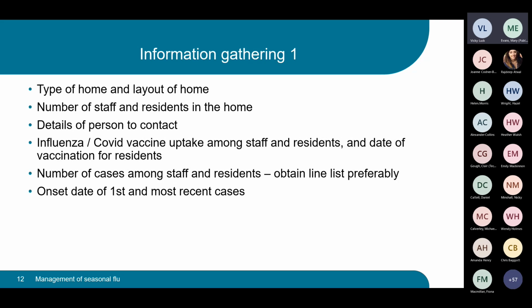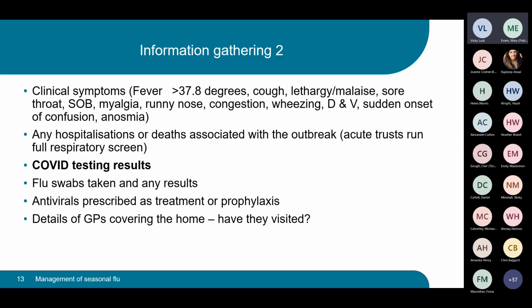As we've already mentioned, number of cases amongst staff and residents, asking the setting to create a line list, not necessarily that we need to have the individual's names and details, but so that the setting's got a record of who's been affected, when the onset of symptoms were, and any interventions or treatment that's been given, for their record keeping, and the onset date of the first and the most recent case as well.